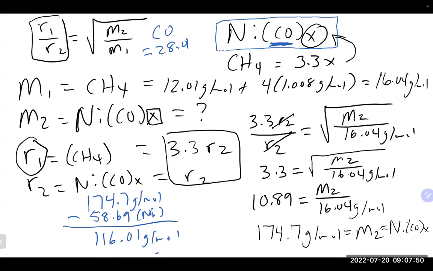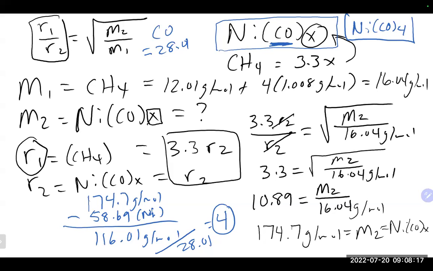So if we take the 116 and divide it by 28.01, we end up with approximately 4 of those carbon oxygen units, which means that should be what X equals. And our correct formula for the nickel compound would be NiCO4. You get like 4.1, but we'll round to the nearest whole number in this particular case.